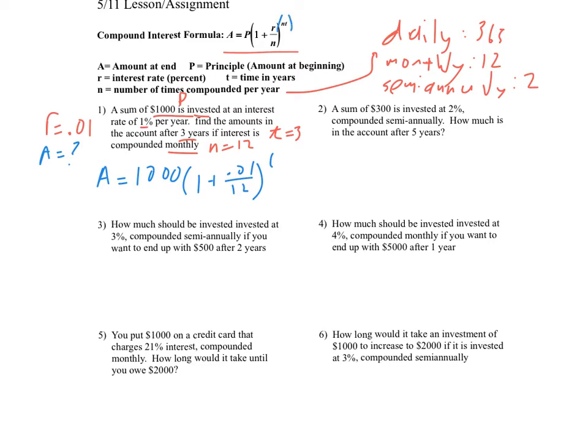And then this is to the power of 12 times 3, so it's n times t. You can see that the n shows up twice there. After that, we're just typing this into the calculator. Let me see what we get here.